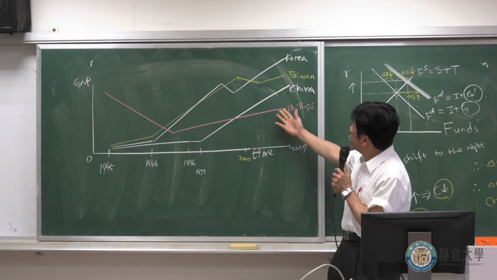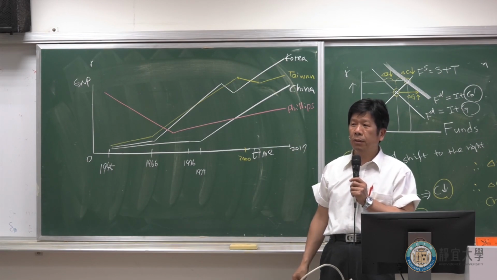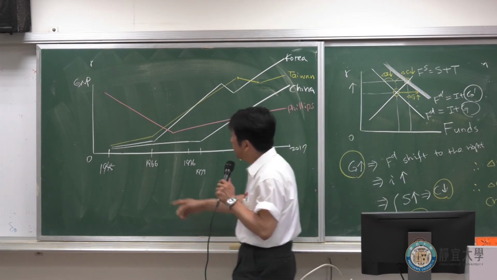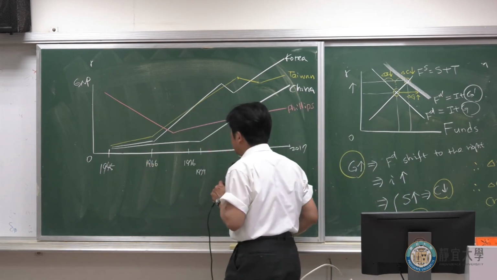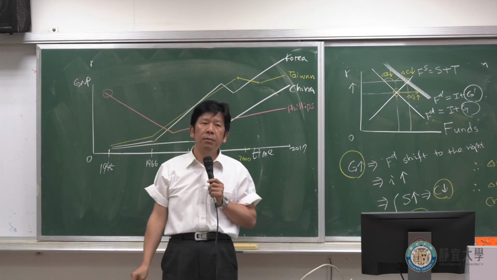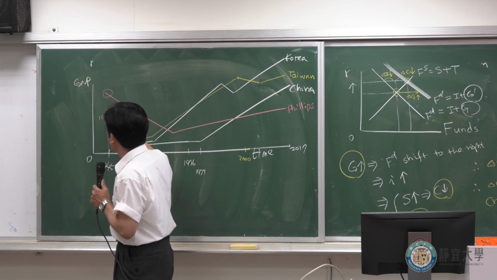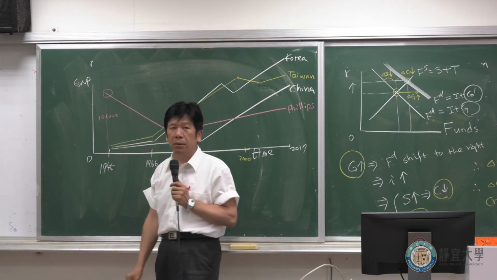Okay, this is the four countries story. After the Second World War, the Philippine income was 10 times higher than Taiwan's.